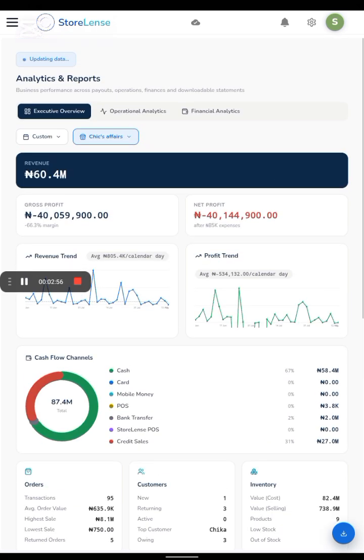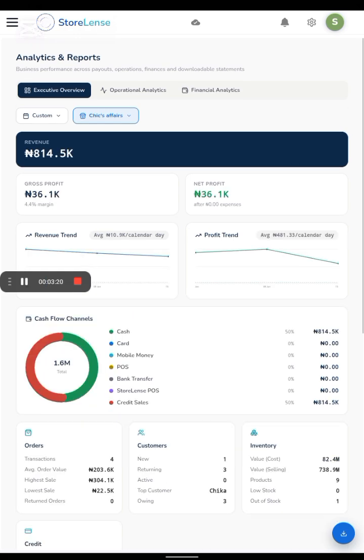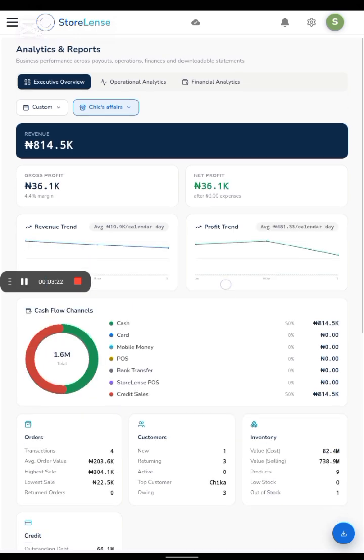Okay, so as you can see, the total generated revenue is 60.4 million for the period of time we selected. Remember, we did from June to August, so we've generated 60.4 million. Then we have our gross profit. Okay, the data is up.